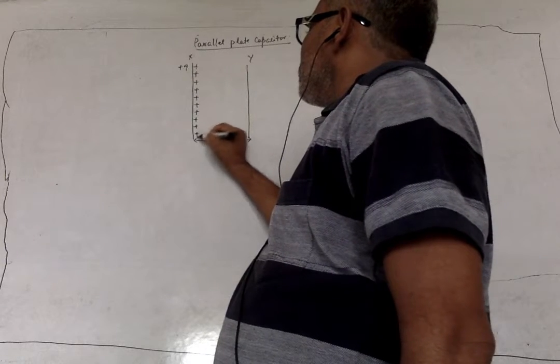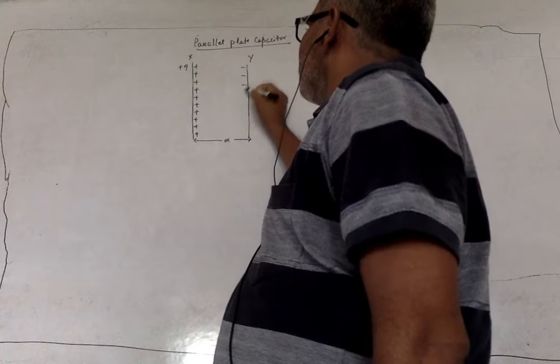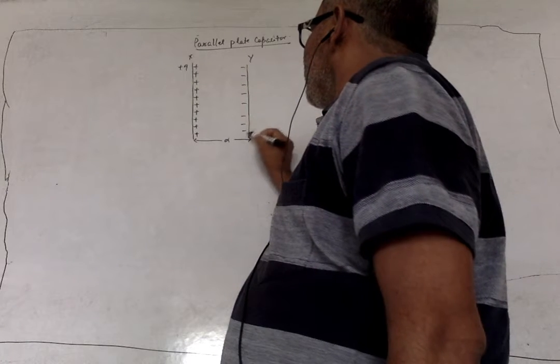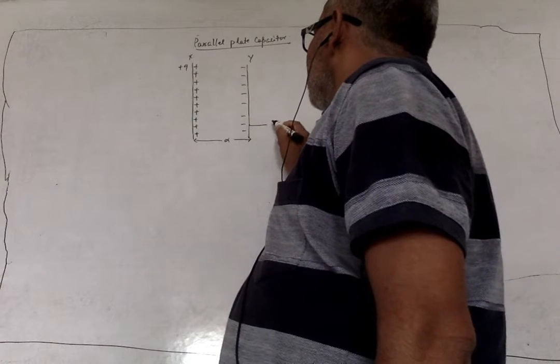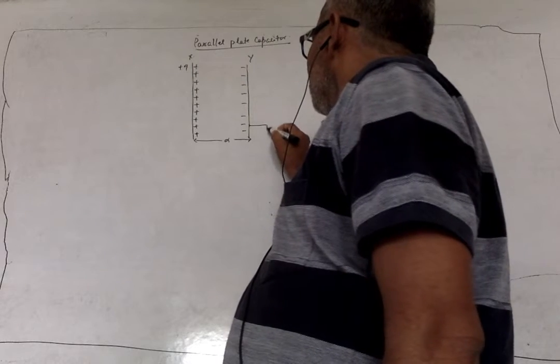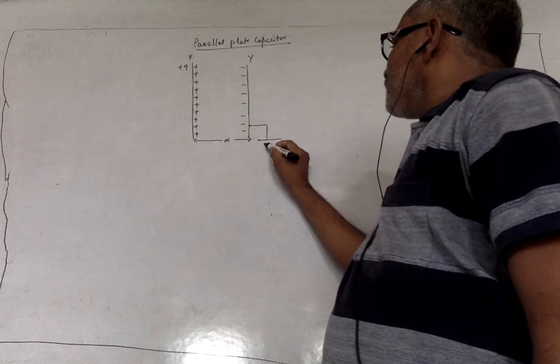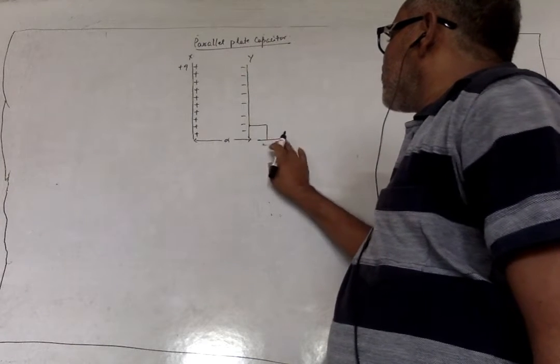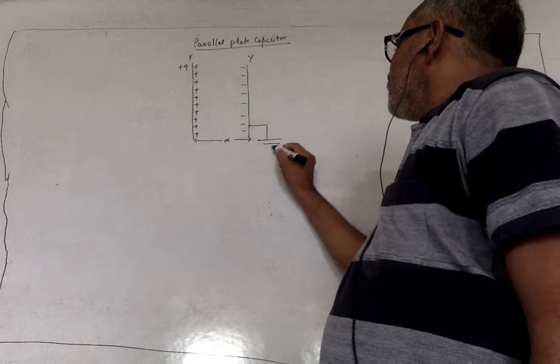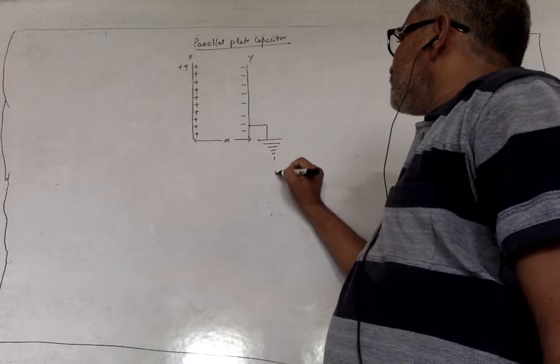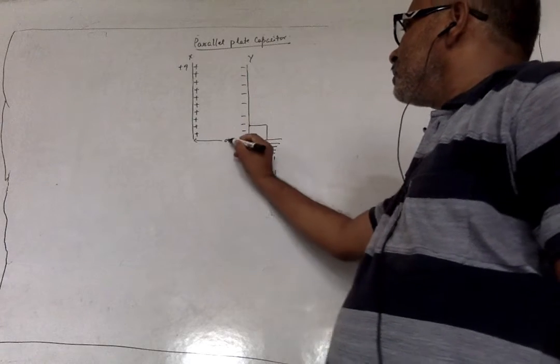Let XY be a parallel plate capacitor, in which X is the collecting plate and Y is the condensing plate. Distance between the plates is d, d is small.